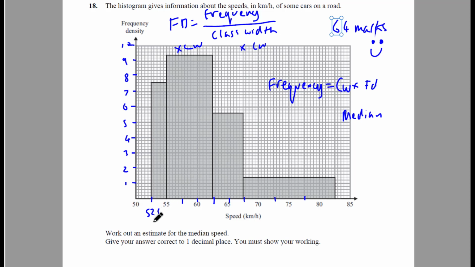Now as this is an estimate, we can say that bar is worth 1 as a width. So this is going to be 1 times 7.6. This is going to be 7.6 here.